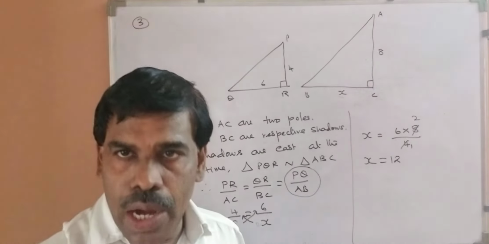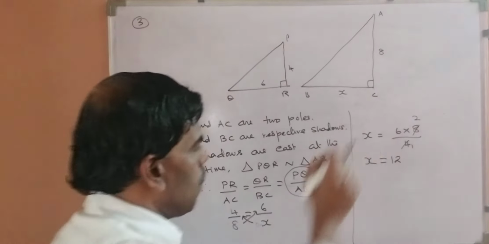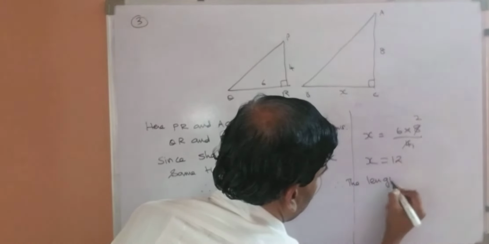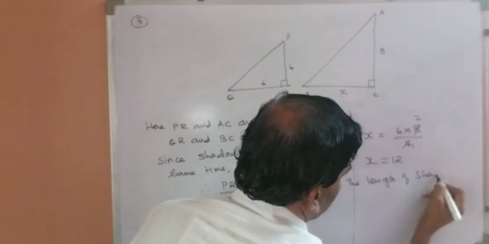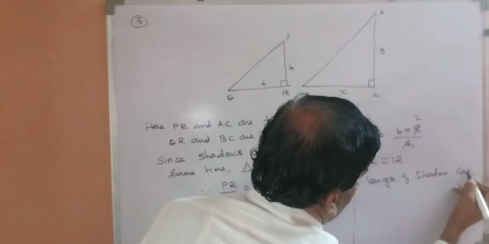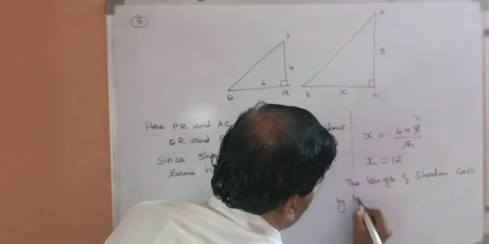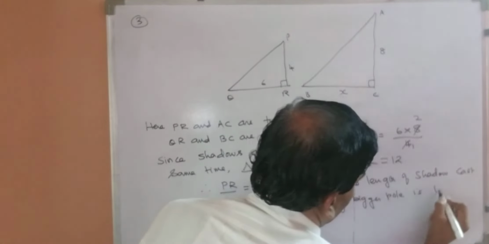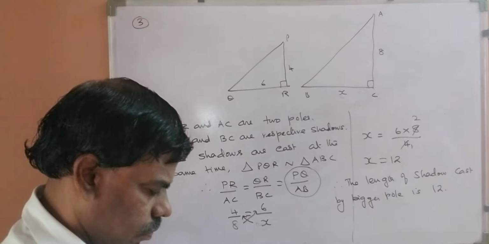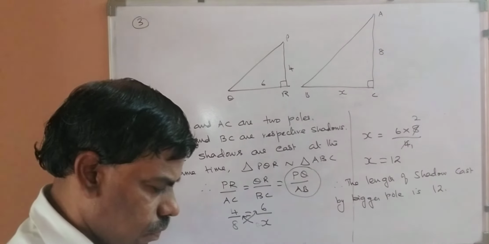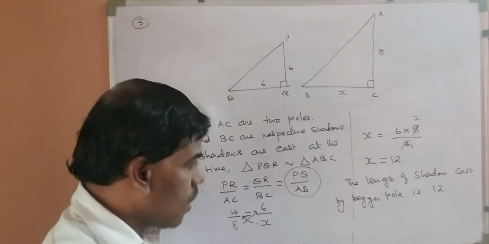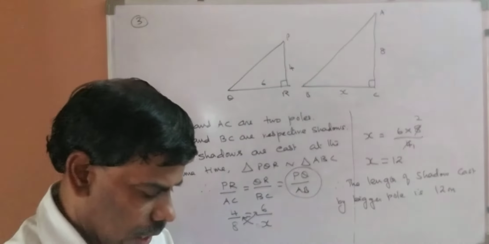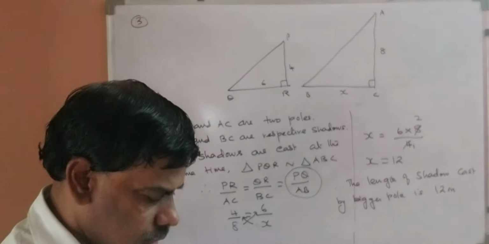The length of the shadow cast by the bigger pole. Therefore, the length of the shadow cast by the bigger pole is 12 units. Here everywhere they have given meters. So, meters. Understand? Now this is an important sum.